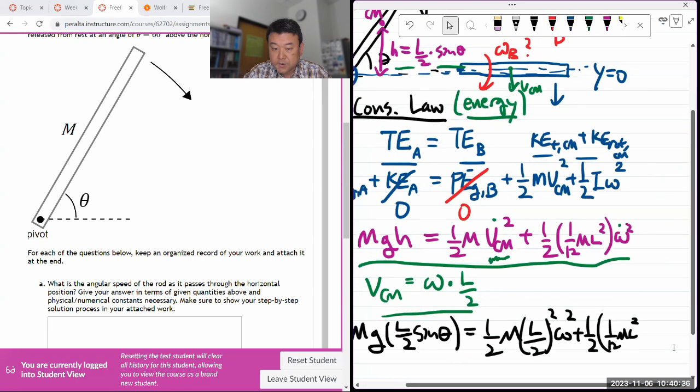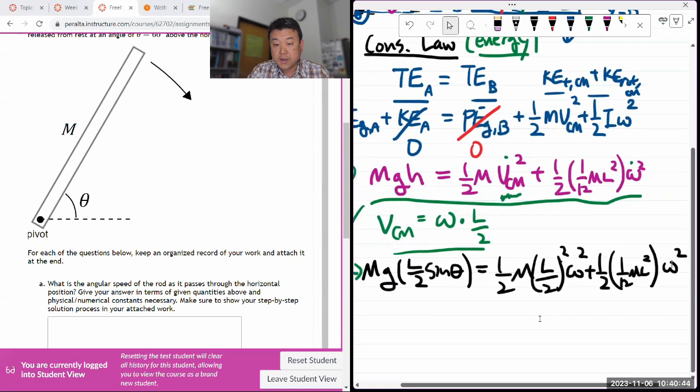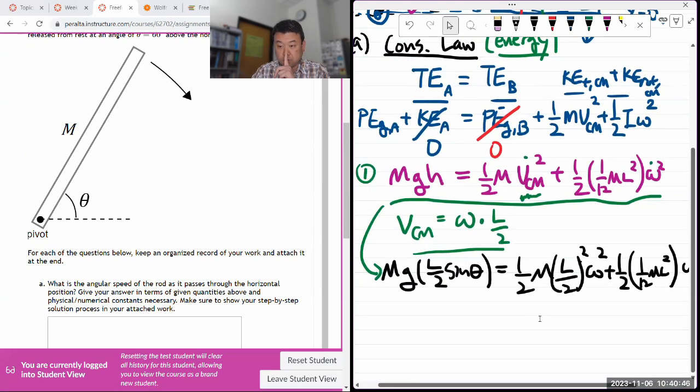Let's scroll a little bit. I hope you see that omega squared and ml squared factor out. So let me do this simplification.